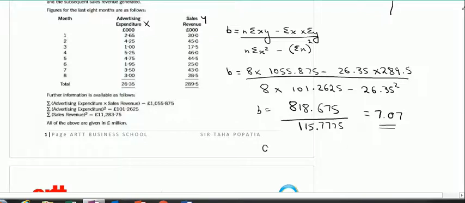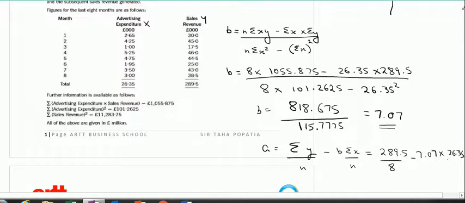Now A value. A is summation of y over n minus b times summation of x over n, and therefore it will be summation of y, which is 289.5, over n, minus 7.07 into 26.35 over 8.